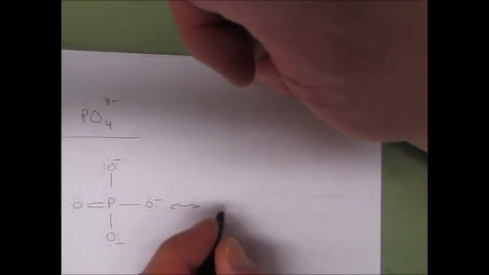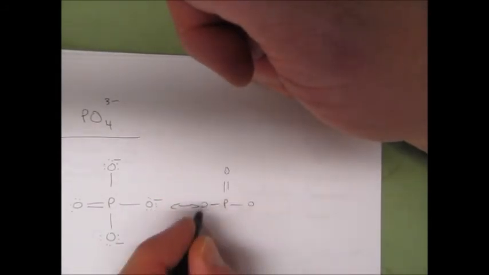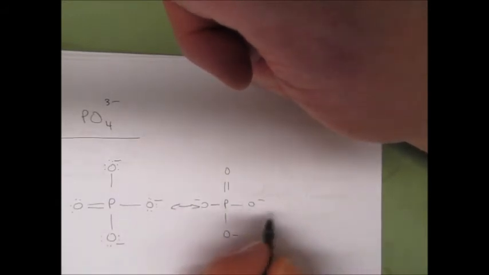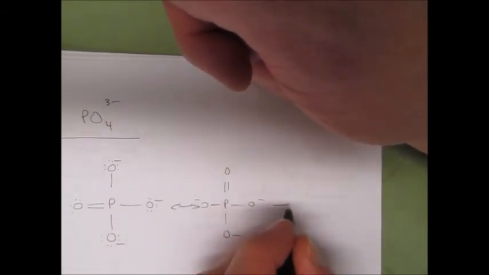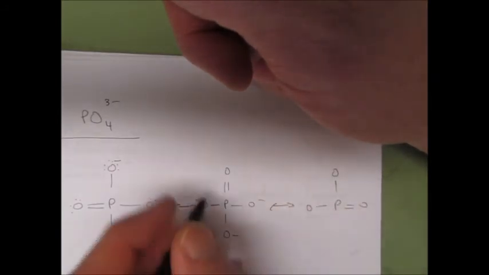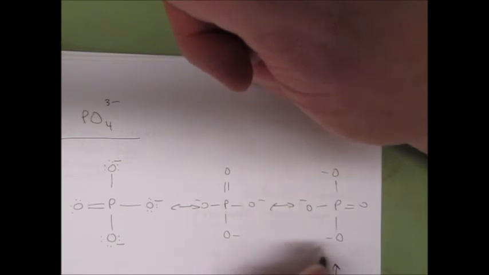We could have just as easily drawn it here, right? I'll leave out the dots, but you can draw those in. But we still could have put it here. It's equivalent. And we could have even put it here.